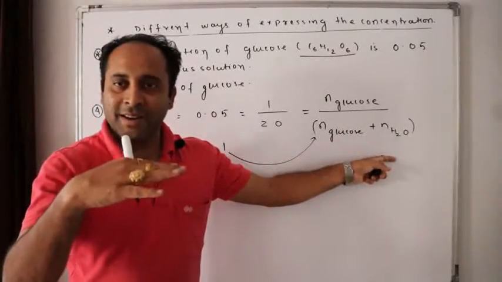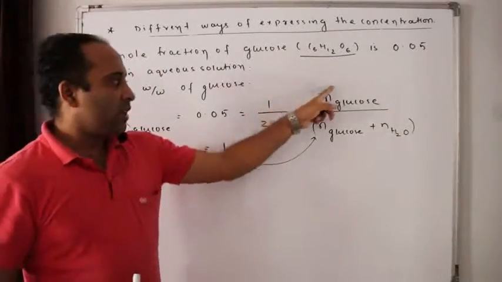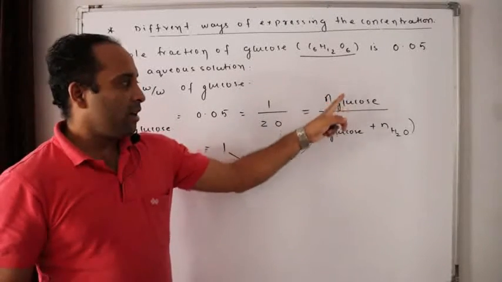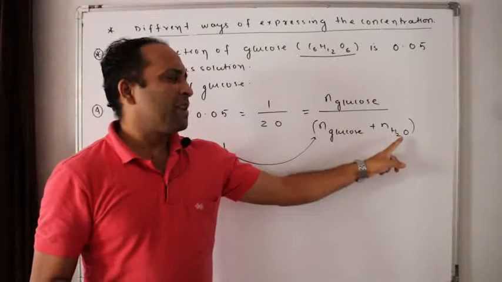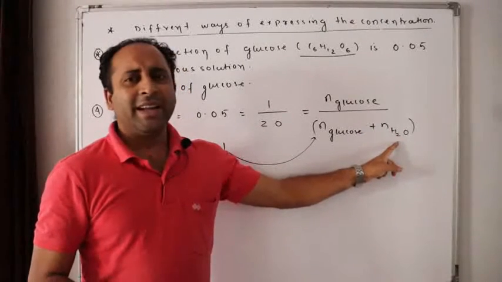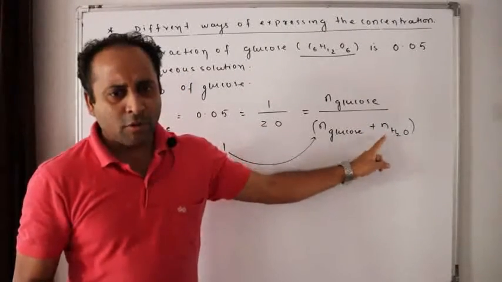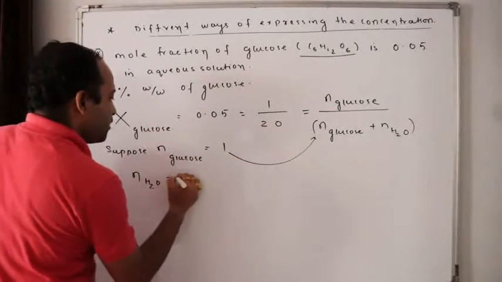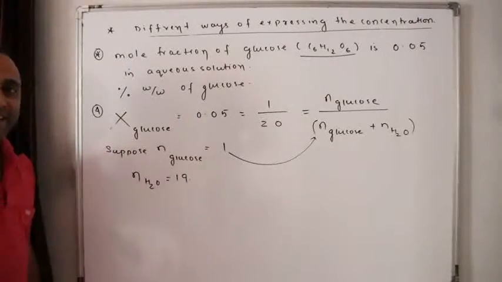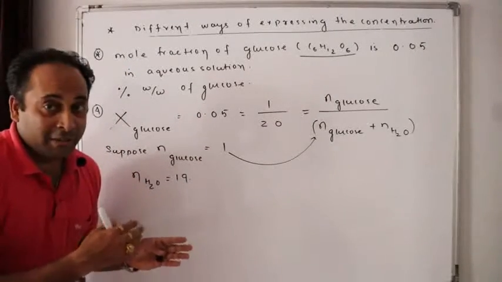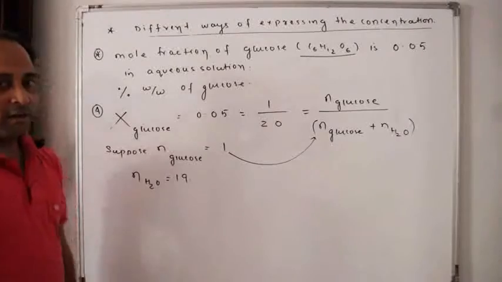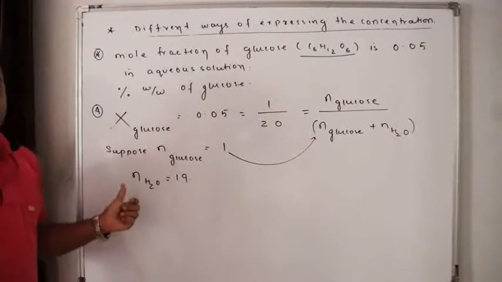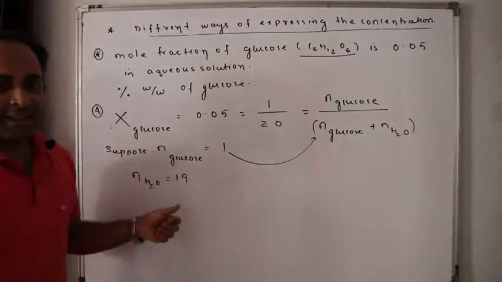If the number of moles of glucose is 1 here, then this is obviously 19. So here, the number of moles of water is equal to 19. Easy, just see the way I am solving these questions. Number of moles of water is 19, isn't it?